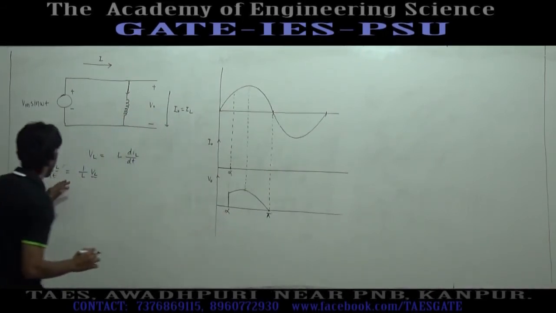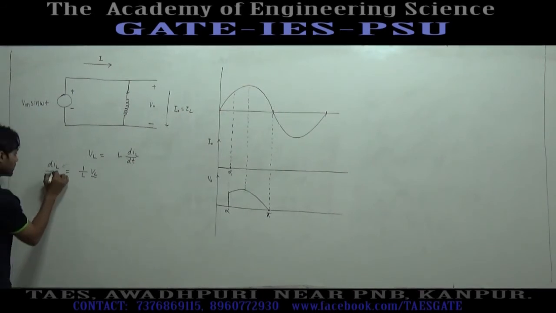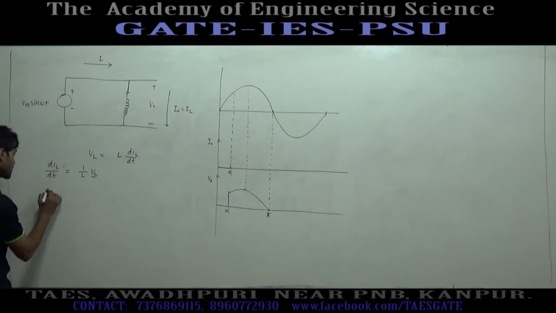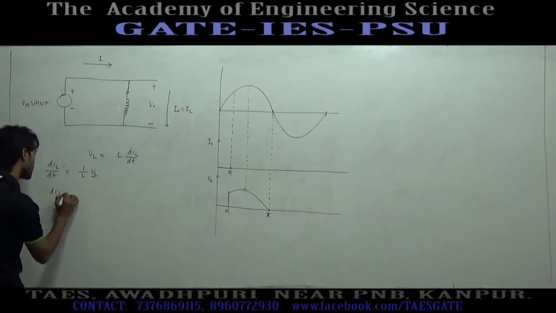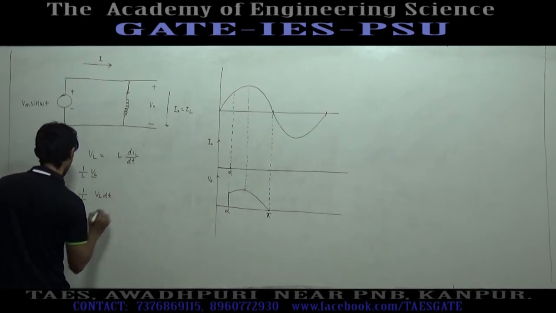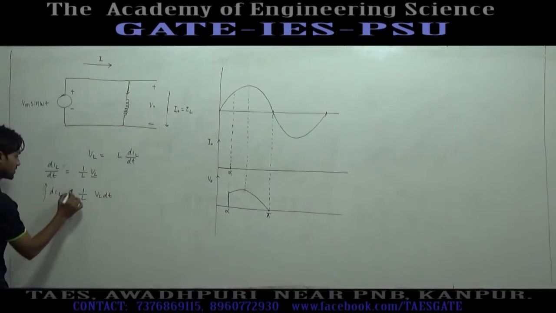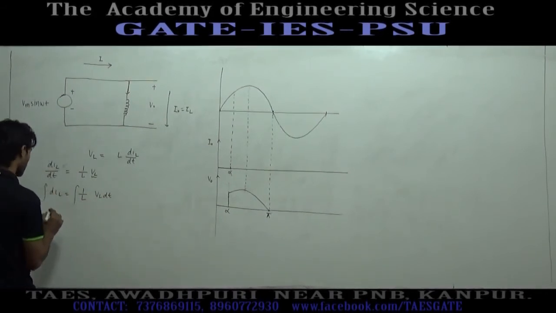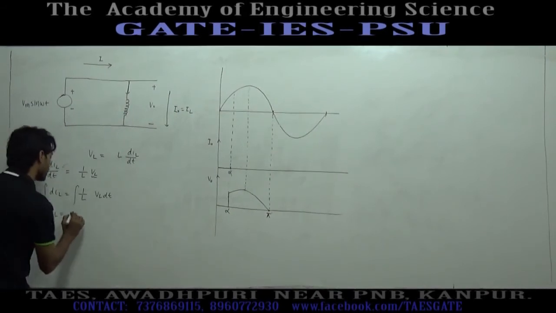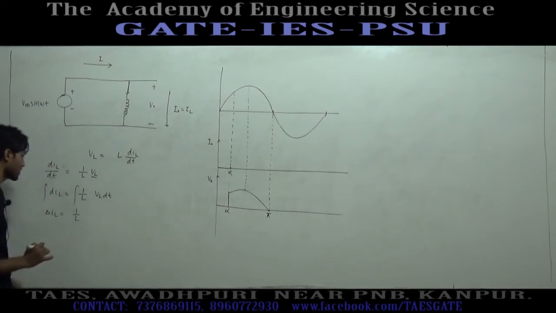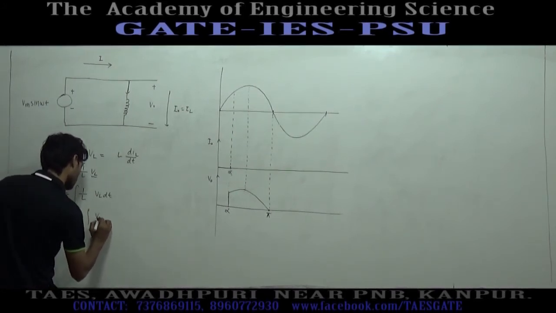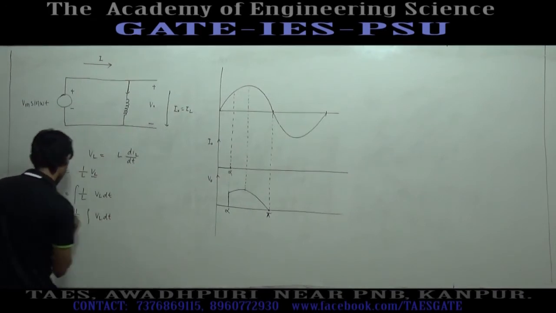If we further analyze this equation, dIL is equal to 1 by L VL dt. If we integrate it, change in inductor current delta IL will become, L is constant, so I am taking this out of integration, 1 by L integration VL dt.